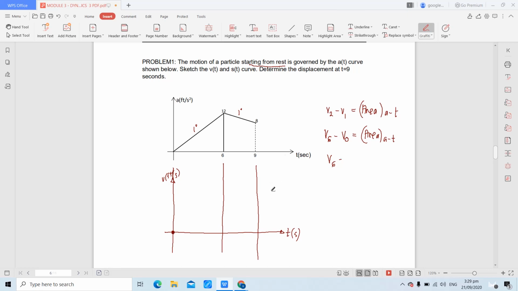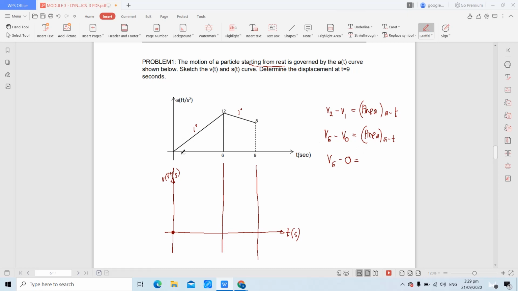Worst case scenario, kapag walang sinabing starting velocity, starting acceleration, or starting position, make it always na nag-start tayo kay origin. Nag-start tayo palagi kay 0, pag walang binanggit. No? So, dito may binanggit naman, nag-start nga lang sa rest. So, that is 0 also. Equivalent to the area of acceleration from 0 to 6.